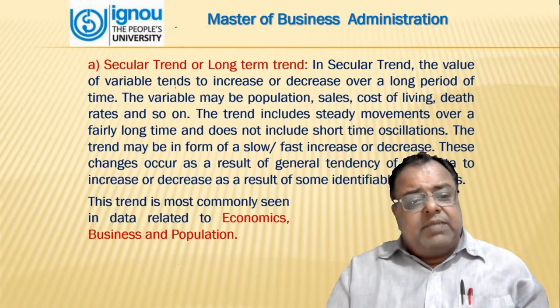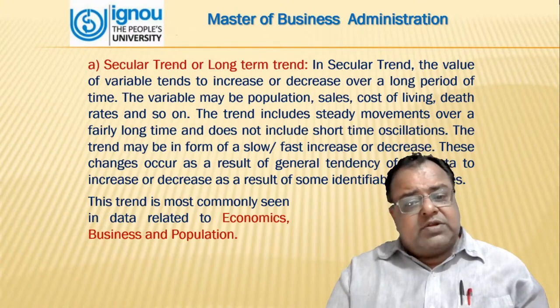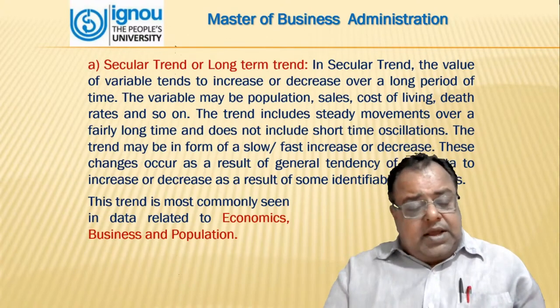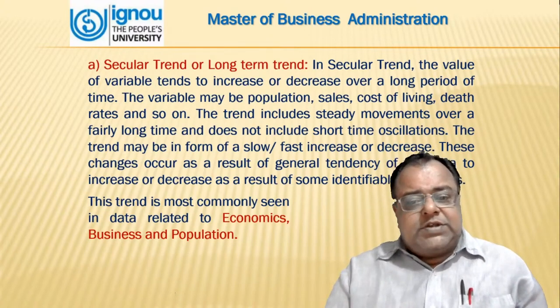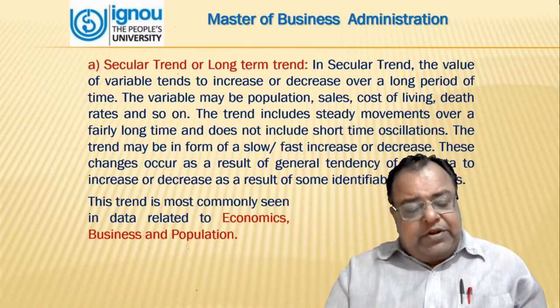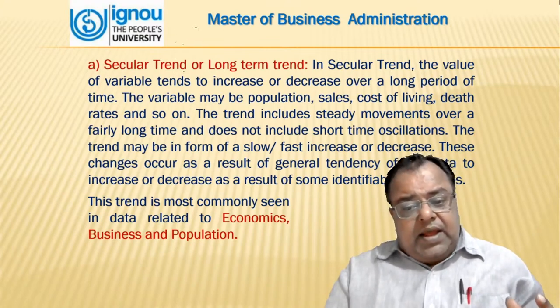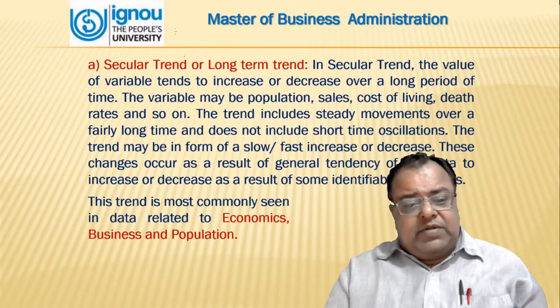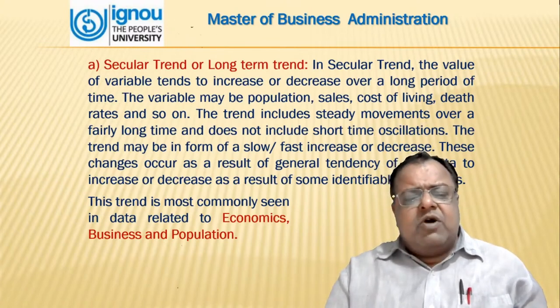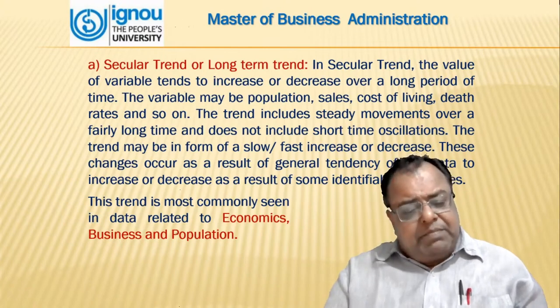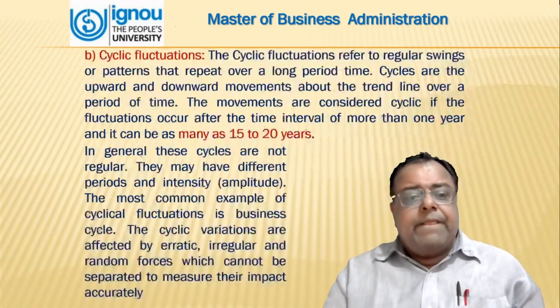The trend may be in the form of a slow or fast increase or decrease. These changes occur as a result of the general tendency of the data to increase or decrease as a result of some identifiable influences. The trend is most commonly seen in data related to economics, business, and population.